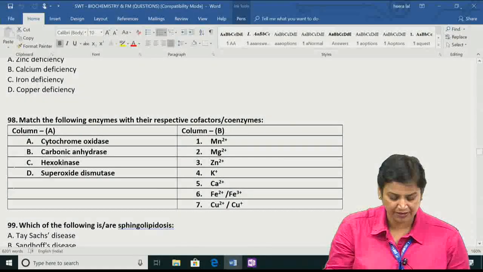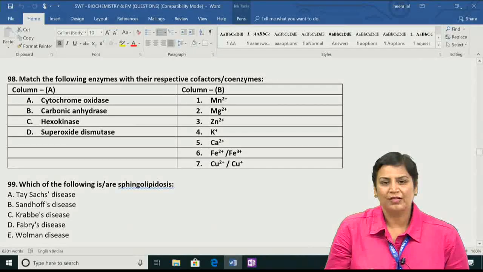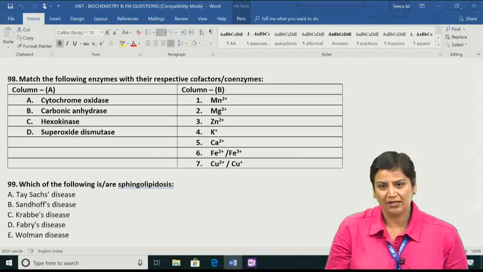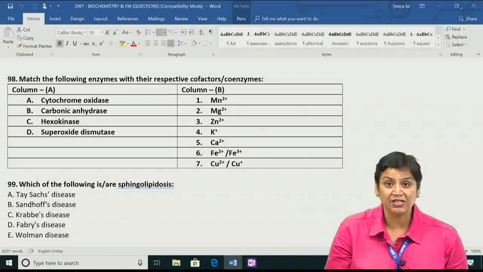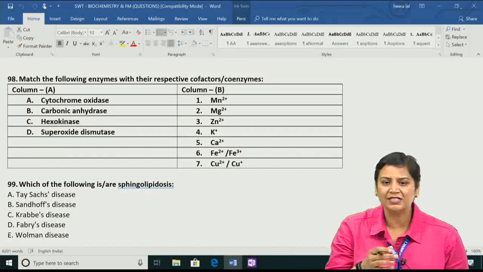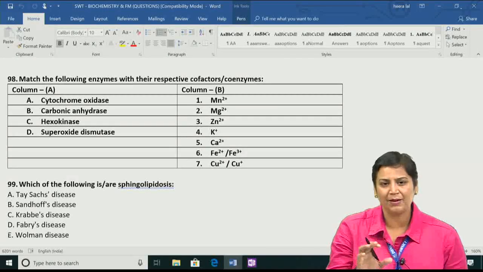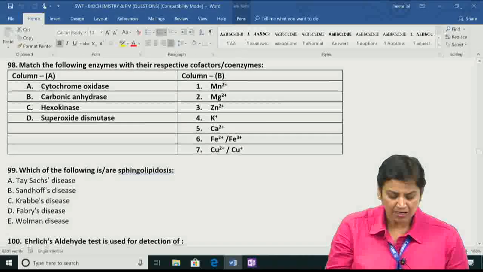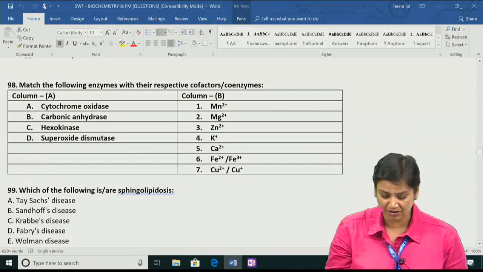Question number 98. Match the following enzymes with their respective cofactors or coenzymes. Now what are cofactors? Cofactors are basically the non-protein part which is attached to the enzyme. When a cofactor is attached, it becomes a holoenzyme, and just the enzyme part is known as the apoenzyme. Cofactors help the enzyme in its reaction.